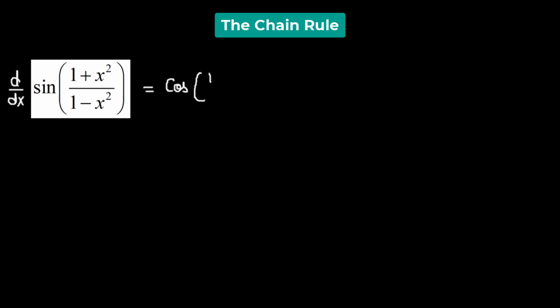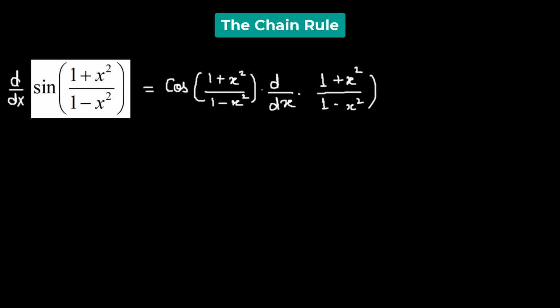So x here is 1 plus x squared divided by 1 minus x squared. But since it is not x, that's only an assumption, so we're going to multiply it to the derivative of 1 plus x squared over 1 minus x squared.